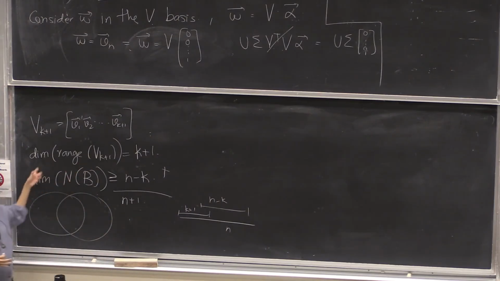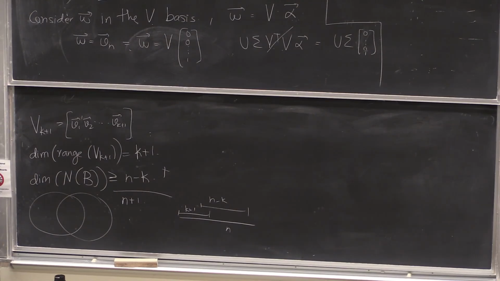There must be some non-trivial intersection between these two vector spaces, because they're both subspaces of an ambient n-dimensional space. But one of them is k plus 1 dimensional, and the other is n minus k dimensional. And because those add to bigger than n, that means there must be at least one entire dimension that they have in common. Does that make sense to everyone?